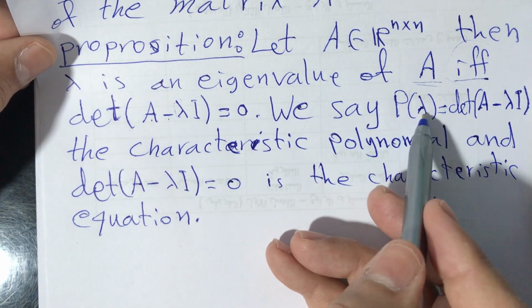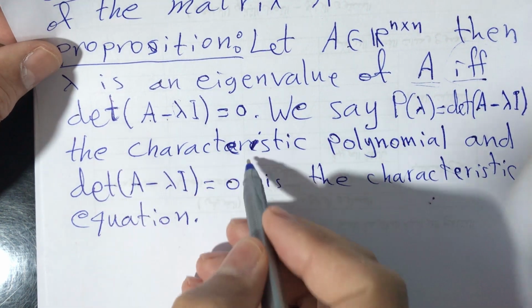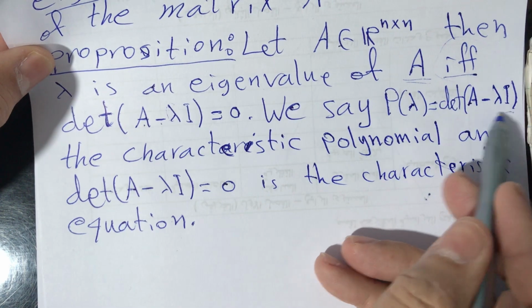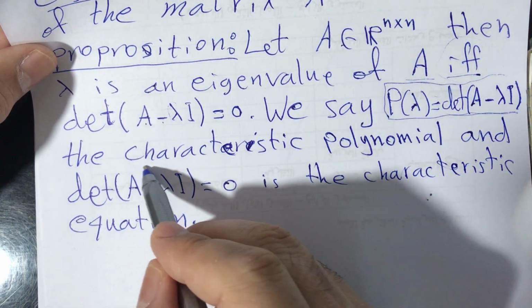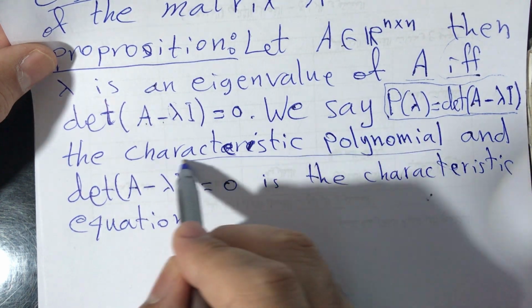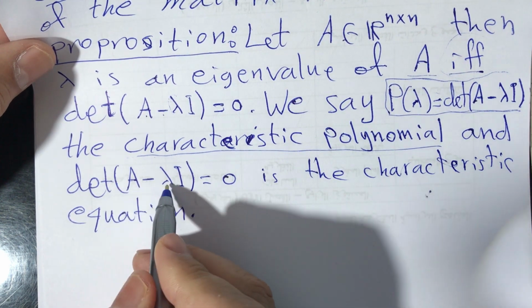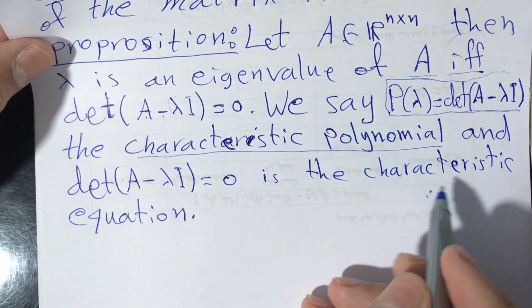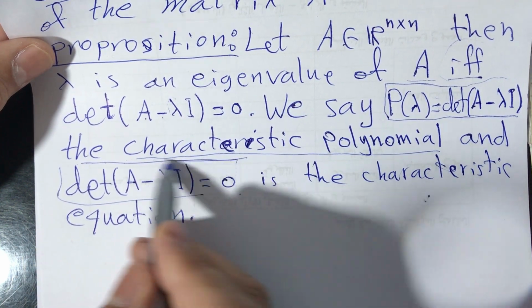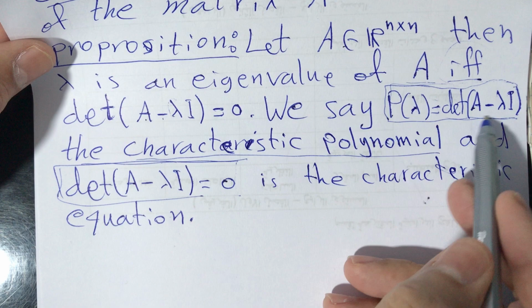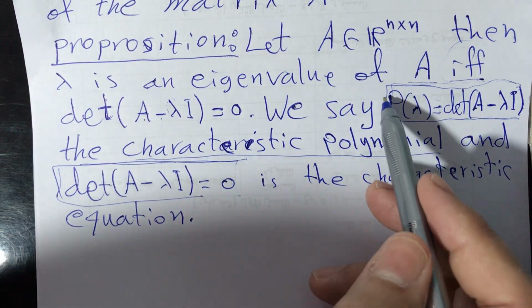We say P of lambda equal to determinant of A minus lambda I is the characteristic polynomial (متعددة حدود), and determinant of A minus lambda I equals 0 is the characteristic equation. So you have to know that.